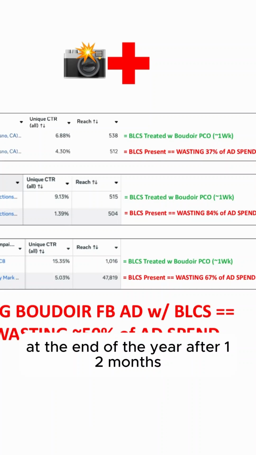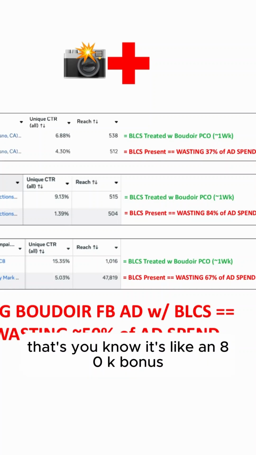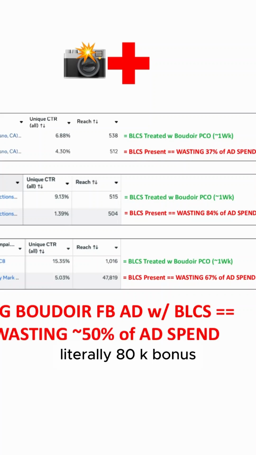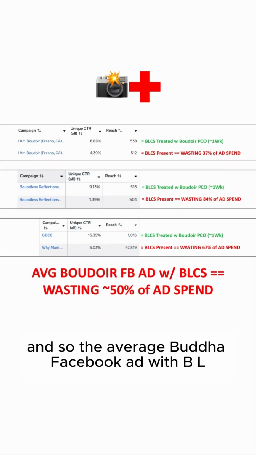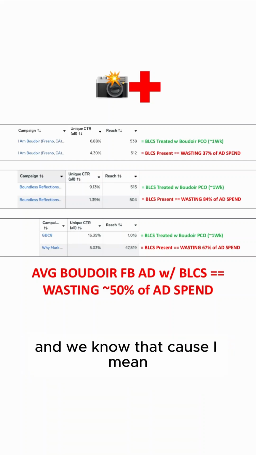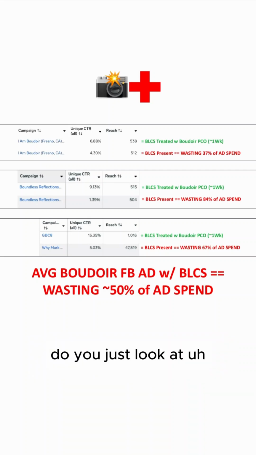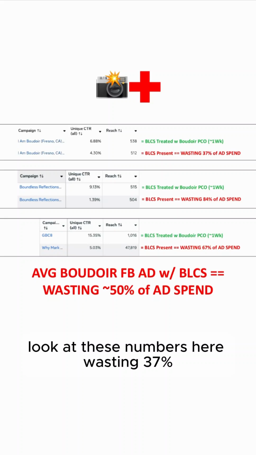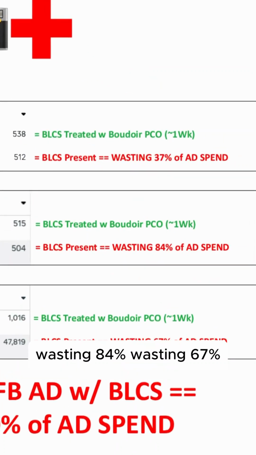And at the end of the year, after 12 months, what's that? It's like an 80K bonus. Literally, 80K bonus. And so the average Boudoir Facebook ad with BLCS is wasting about 50% of its ad spend. And we know that because, dude, just look at these numbers here. Wasting 37%, wasting 84%, wasting 67%.